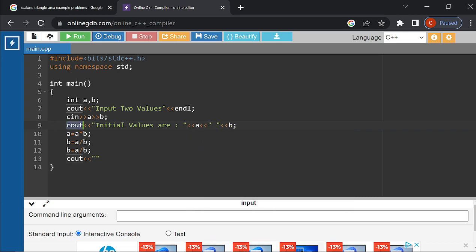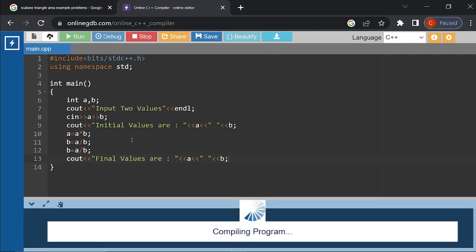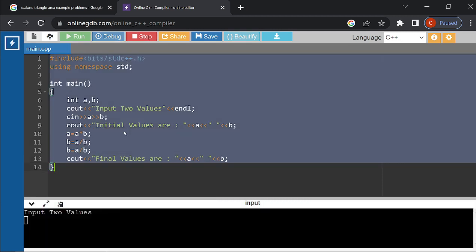So this is the initial value, and now the final value. All right, if I run this, input two values.